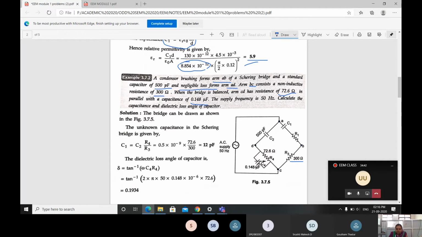The supply frequency is given. After this, connect AC to the supply. Here it is going to be the detector part; you can draw it or leave it off, it's okay.